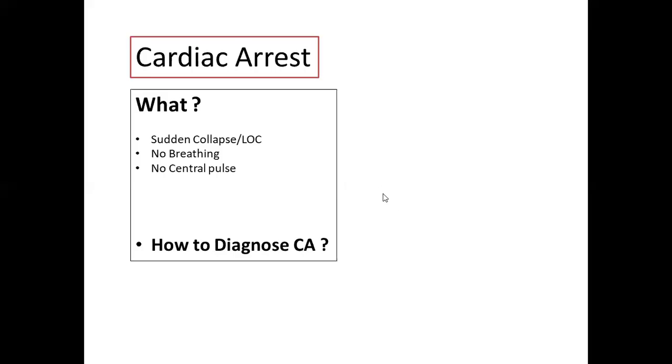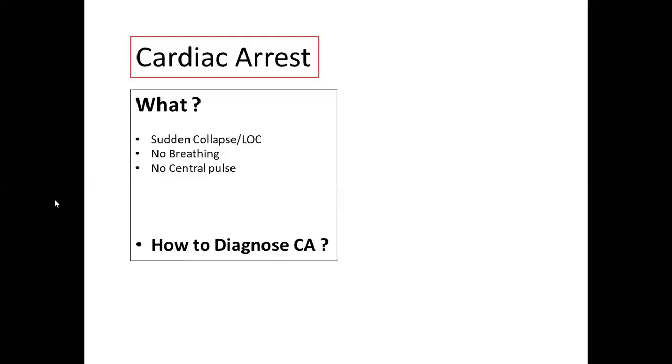So what is cardiac arrest? What do you mean by cardiac arrest? Can anyone tell? Cardiac arrest is termed as sudden cessation of cardiac activity, which is sufficient to cause central and peripheral circulation failure.